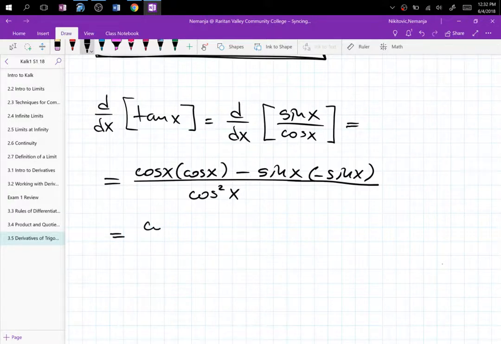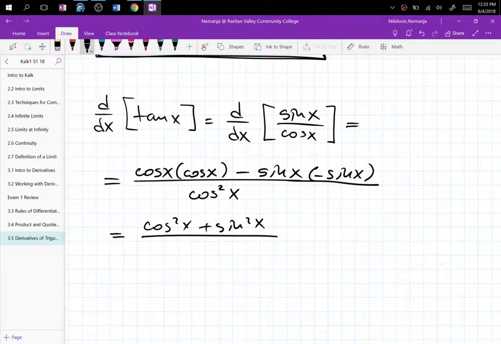So in the numerator, I have cosine squared x plus sine squared x, divided by cosine squared x. What's cosine squared plus sine squared? Oh, it's 1. Okay, fine. So it's 1 over cosine squared x.